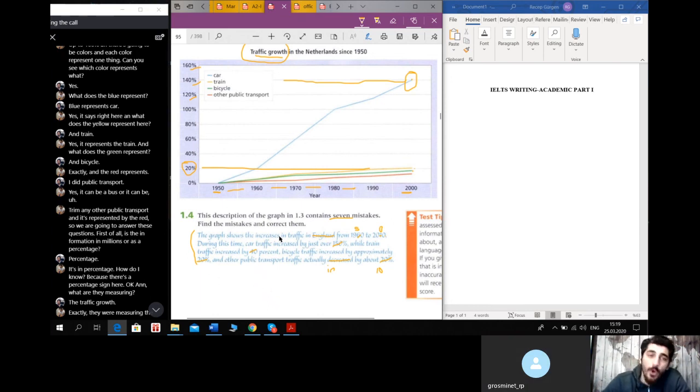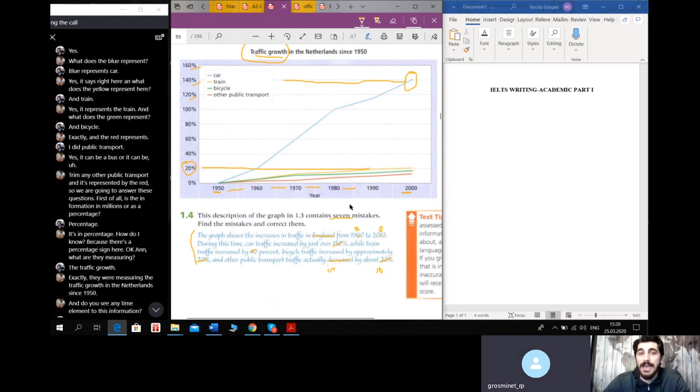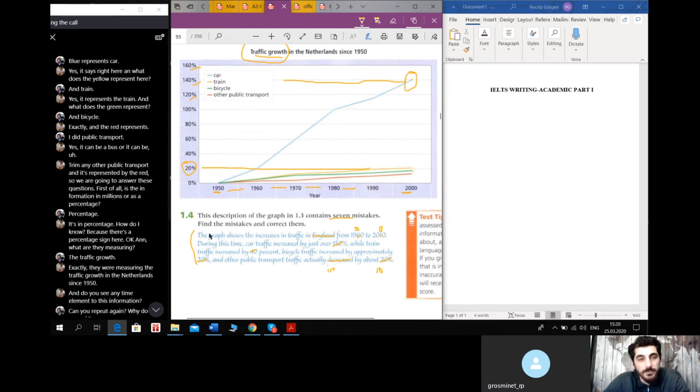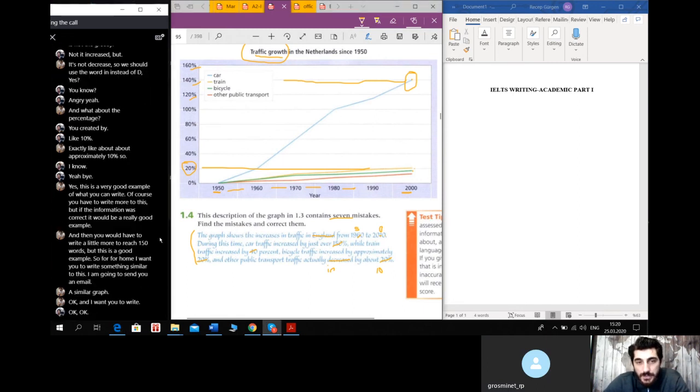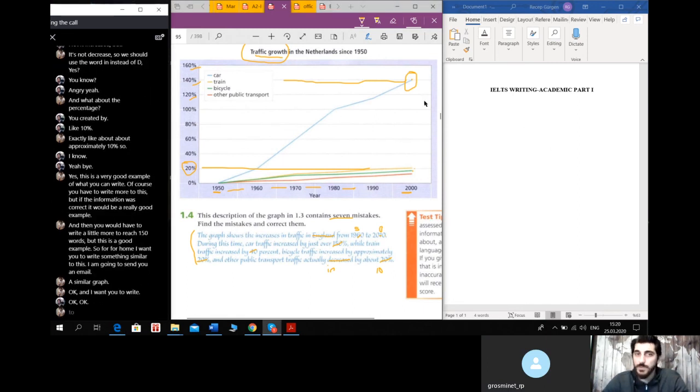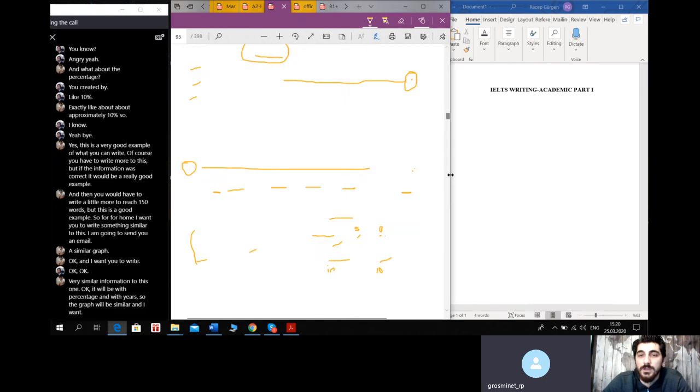So for home, I want you to write something similar to this. I am going to send you in an email a similar graph, okay? And I want you to write very similar information to this one, okay? It will be with percentage and with years, so the graph will be similar. And should I write 150 words?